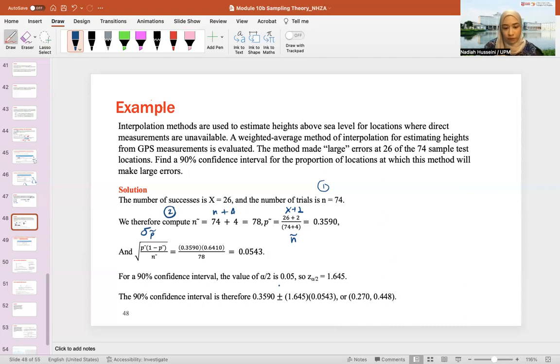Therefore, for a confidence of 90%, alpha over 2 is 0.05. Actually, I don't remember it, but your z alpha over 2 is 1.645. So this is your range.